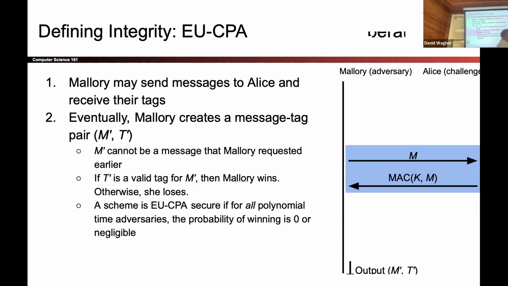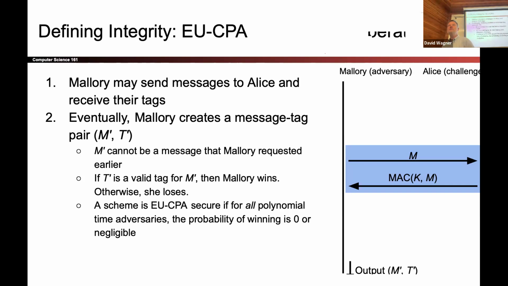Mallory could ask Alice to send the message 1 and 2 and 3 and 4 and 5 and 6 and 7, each single digit number, and observe the tag for each of those. And then eventually, after doing that for a while, Mallory makes whatever inferences she can. Then Mallory chooses some new message that Alice hasn't sent yet, M prime, and makes a prediction of the tag, T prime.